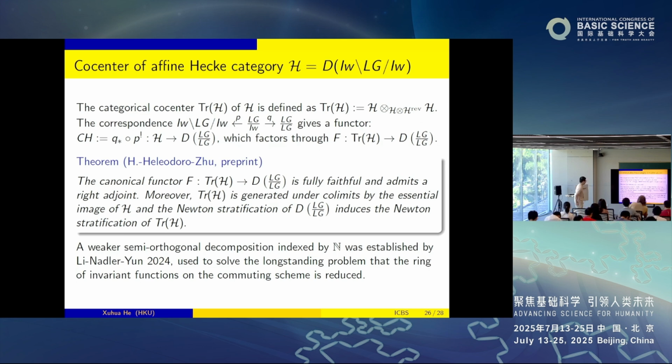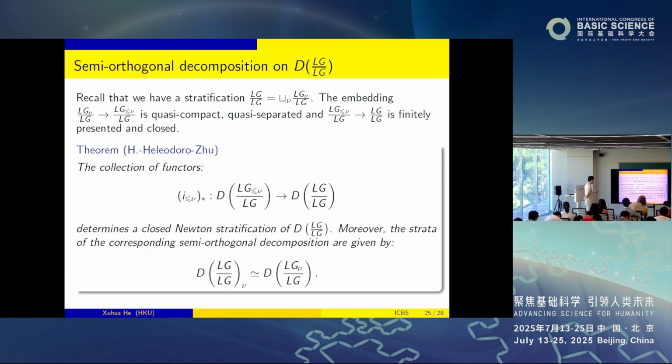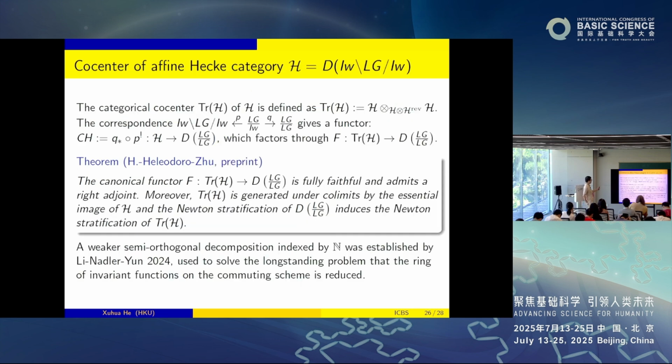So we have this Newton decomposition for the derived category on the whole quotient stack. But now, if we restrict to the affine Hecke category, we can consider its categorical cocenter.